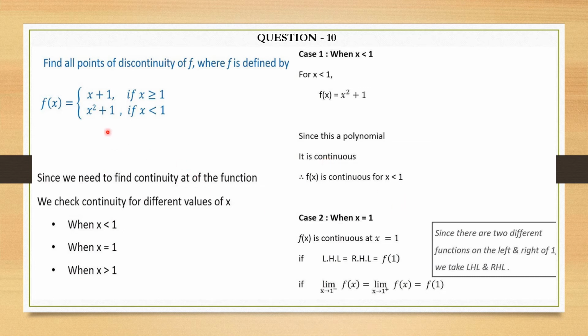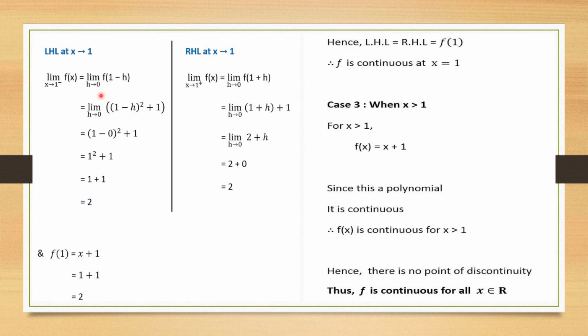When x is equal to 1, again you have to go by LHL and RHL. For the left hand limit, put x equal to 1 minus h, as x approaches 1 from the negative side, h will approach 0. For the right, put x equal to 1 plus h, as x approaches 1 from the positive side, h will approach 0. When I put the limits, there is no need to open it, you simply put h as 0 and you get 2, and f(1) is again 2.